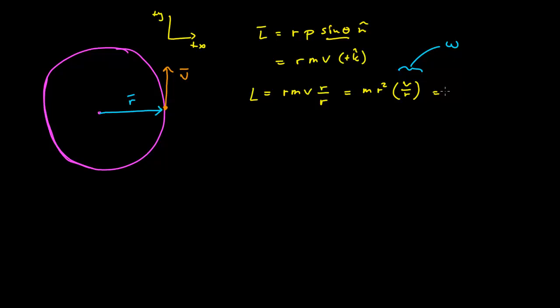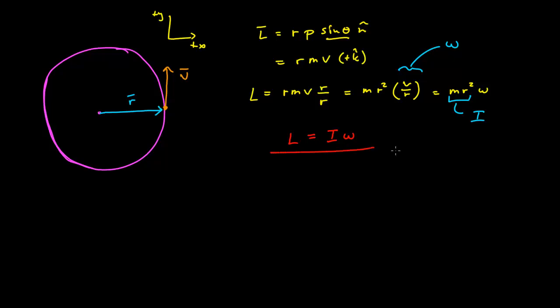So that gives us m r squared omega. But remember, we called this the moment of inertia I for a single particle. So thus we can rewrite the magnitude of the angular momentum as the moment of inertia of the particle times the angular velocity of the particle.